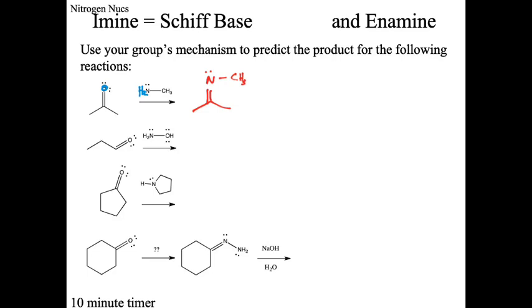Let's draw out our structure. Here's our nitrogen, CH3, H. In the very first attack, what happens? These electrons attack. What charge does our nitrogen become? Positive. What does it need? Electrons. Where does it get the electrons? From the hydrogen. Is it because hydrogen is less electronegative? Hydrogen is less electronegative than the carbon.